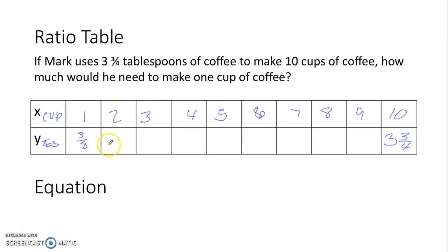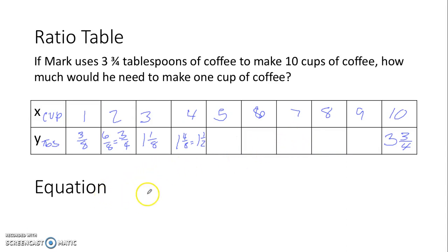So 3/8 plus 3/8 is 6/8, which you can reduce to 3/4. Plus another 3/8 is 1 1/8, plus another 3/8 is 1 4/8, which is the same thing as 1 1/2, and you can keep going.